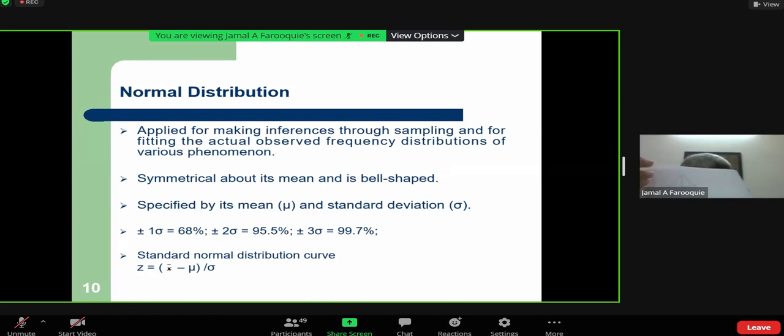So there is a need to standardize that distribution, and that we call standard normal distribution.